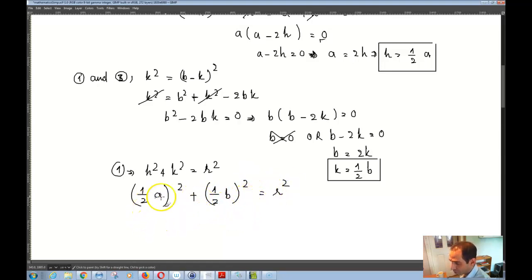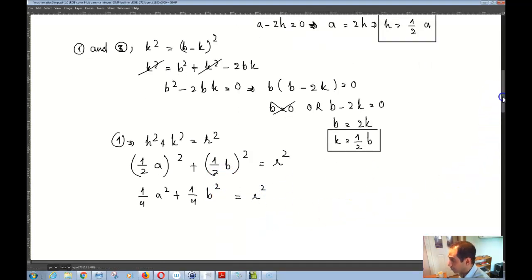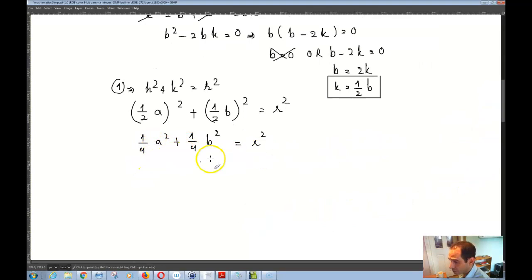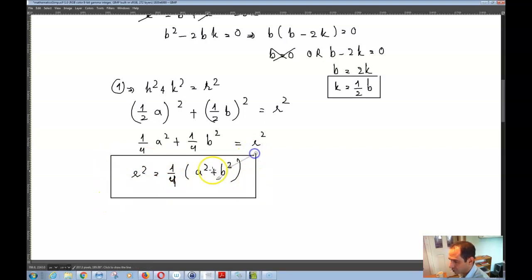And so that is 1/4 a squared plus 1/4 b squared, which is the same thing as r squared. That means that r squared is equal to 1/4 times a squared plus b squared. So that is the value of r squared that you need in your equation.